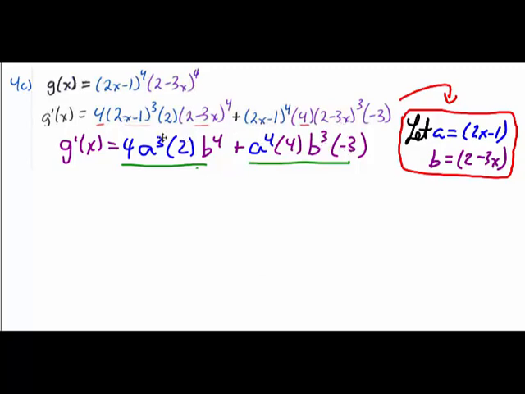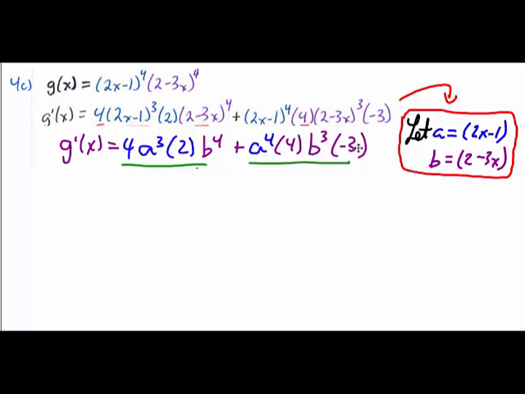So hopefully if you look at this, you can see that I've got the same blue information here as here, the same purple information here and here, the plus sign. I guess I could have made that plus sign black, but I didn't. So the form of this expression right here is exactly the same as the form of the previous one, with the idea that I've essentially substituted this 2x minus 1 for A in each case, and this 2 minus 3x for B in each case.